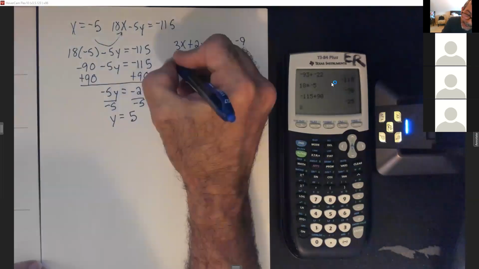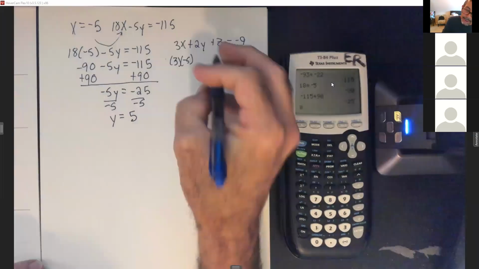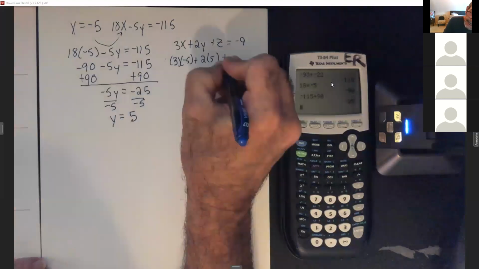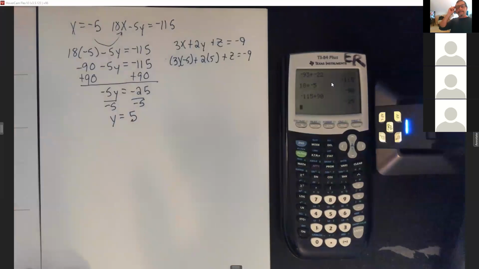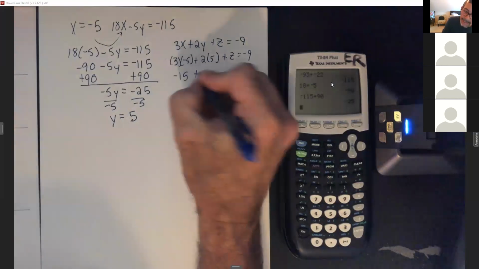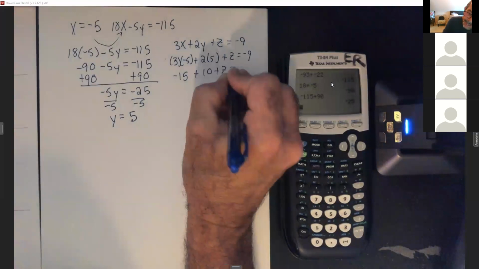So that'll be 3 times that -5 plus 2 times the y, which is 5, plus z equals -9. All right, y'all, so I'm going to multiply, get a -15 here, plus 2 times 5 is 10, plus my z equals -9.